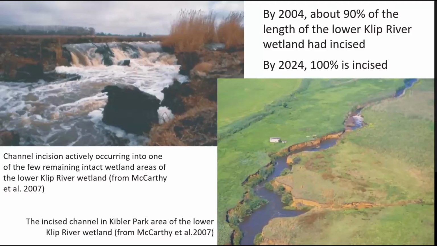And you can see in the photo on the left, this was taken in the early 2000s, where active incision is taking place into one of the few remaining diffuse flow areas.